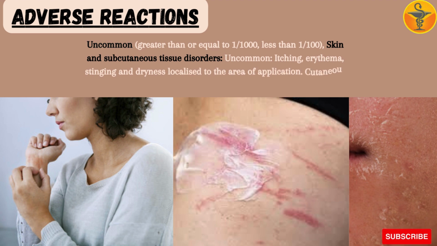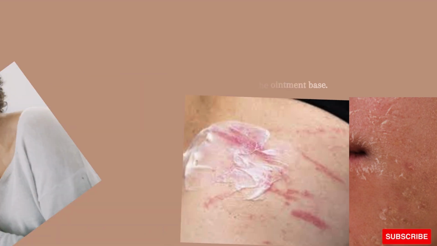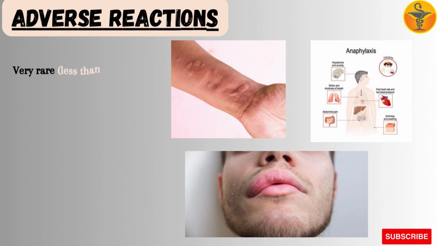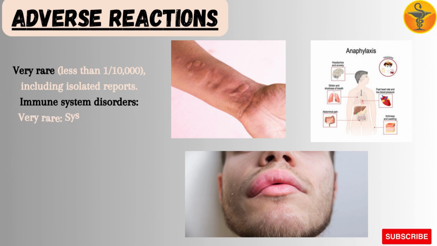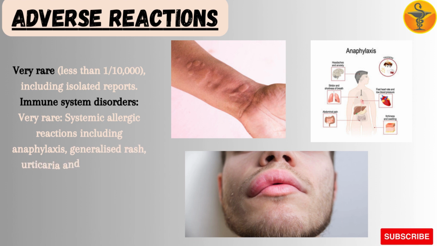Uncommon: itching, erythema, stinging and dryness localized to the area of application. Cutaneous sensitization reactions to mupirocin or the ointment base. Very rare: less than 1/10,000th, including isolated reports. Immune system disorders. Very rare: systemic allergic reactions including anaphylaxis, generalized rash, urticaria and angioedema have been reported with mupirocin ointment.